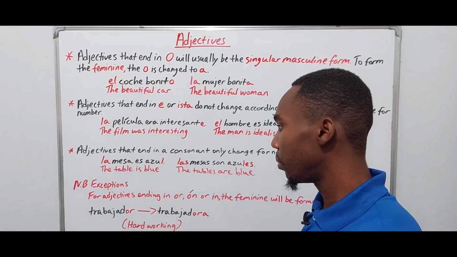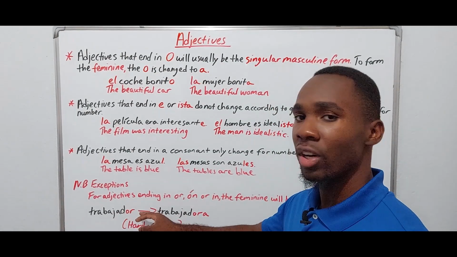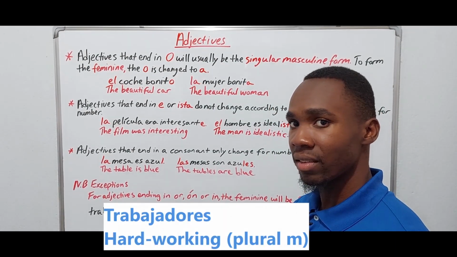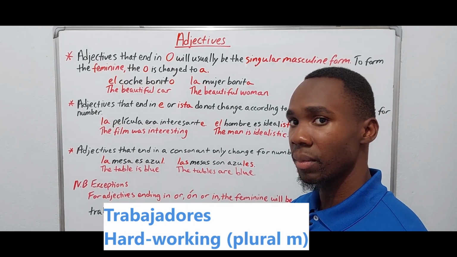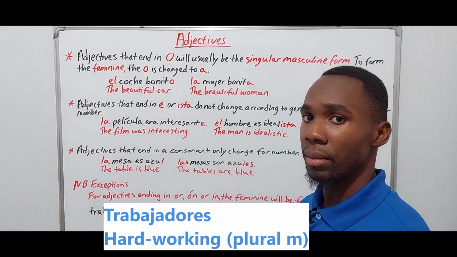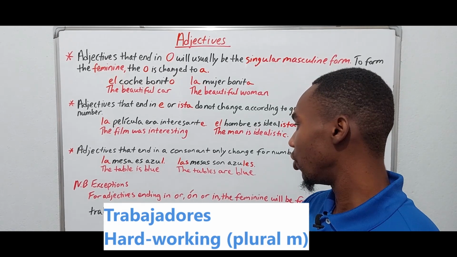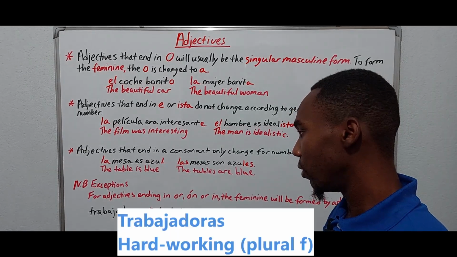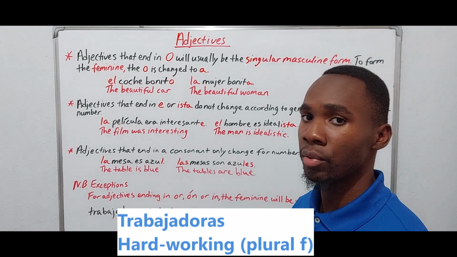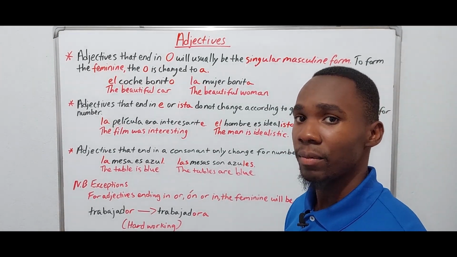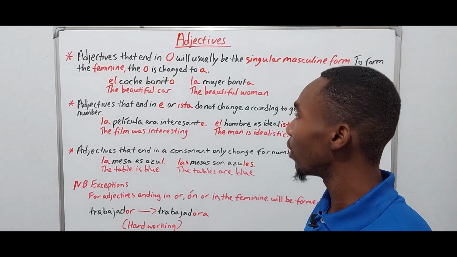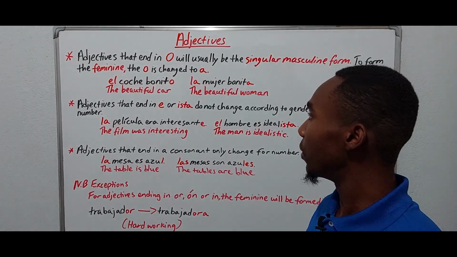If we want to make it plural, trabajadores, so we add es, right? So you see that you're going to add es with consonants to make them plural, and that would be the masculine plural, and trabajadoras, just add an s, would be the feminine plural, okay? It's a lot to take in, I know. Like I said, you'll have to watch this video multiple times.